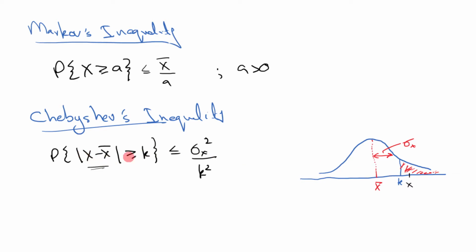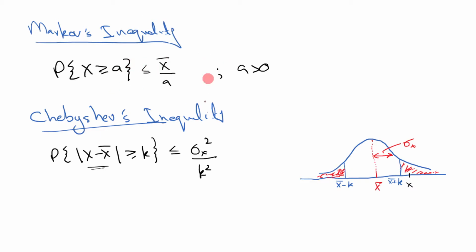Because you are using here the modulus operator, you are evaluating this area. You can say this x bar plus k, and this point is x bar minus k. Then in the Chebyshev inequality, you are interested in the probability that I am shading with this red color.